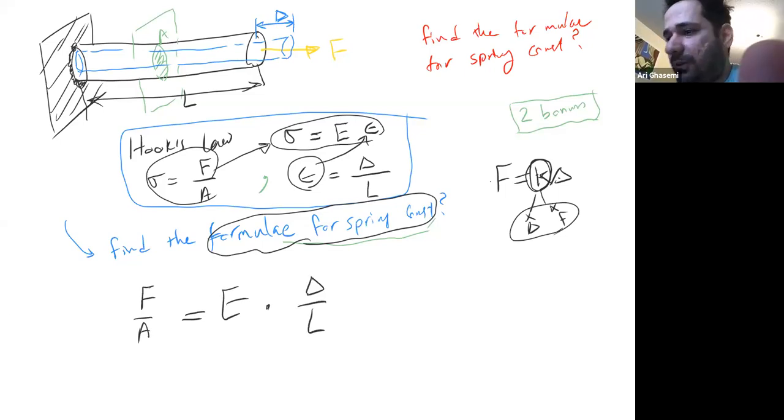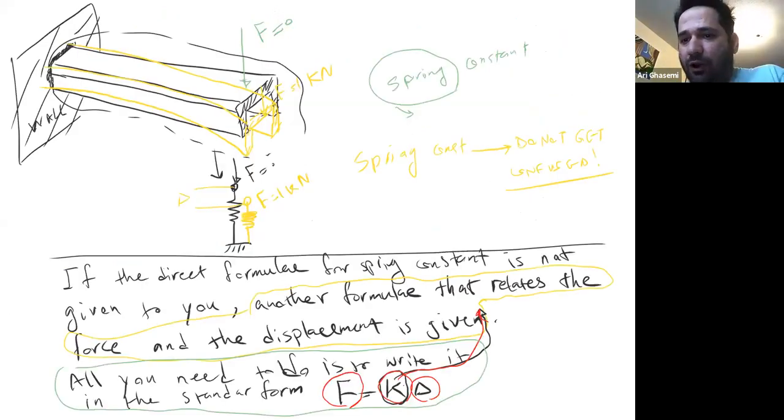According to the previous slide, all you need to do is write it in the form of force on the left is something times delta on the right. So let's do that.